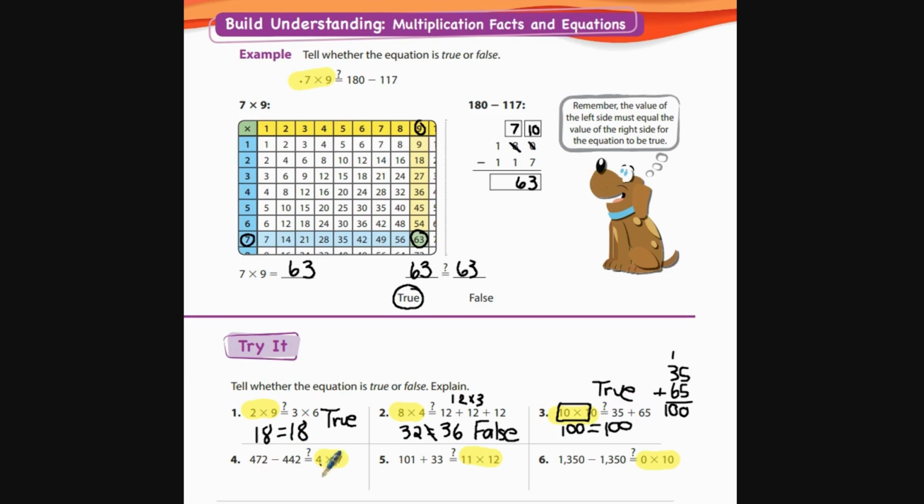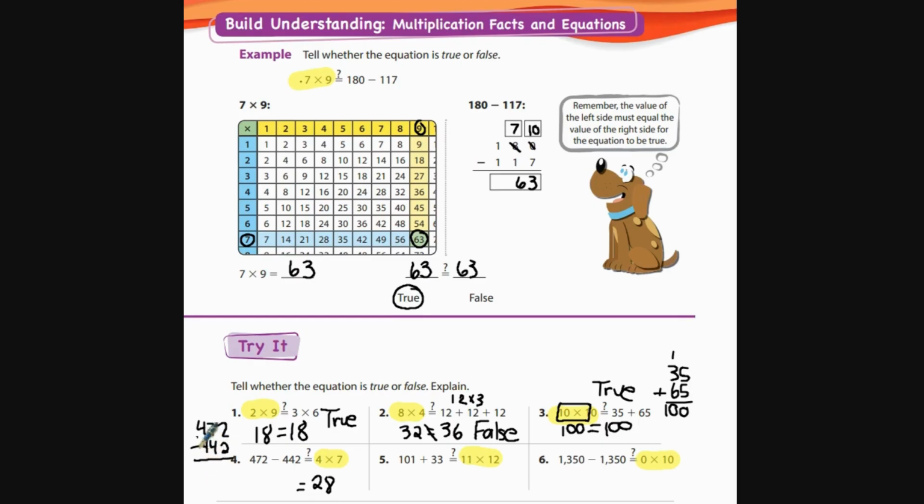Next equation. Now I chose this side first. You could have done the other side, but I just chose this one first. Let's do 4 times 7. 4 times 7 is 28. So we're going to start over here. 28. Now we need to figure out if 472 minus 442 is also equal to 28.